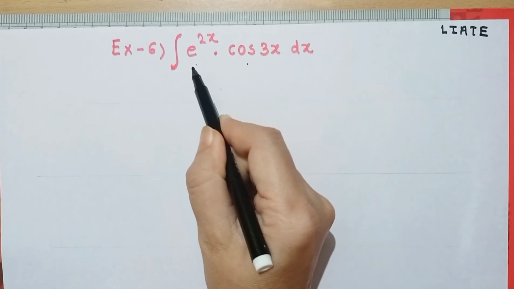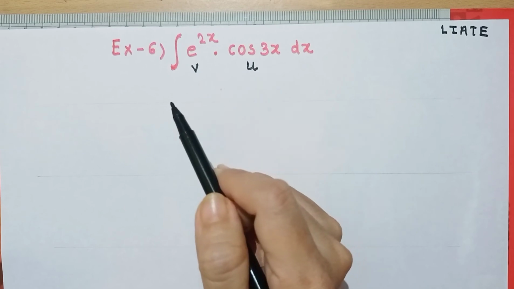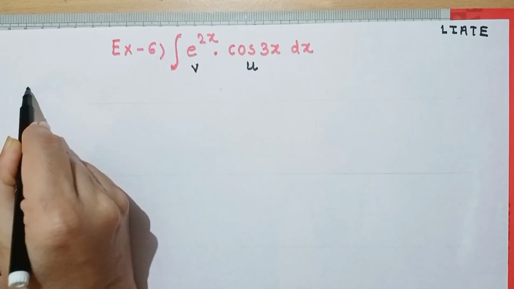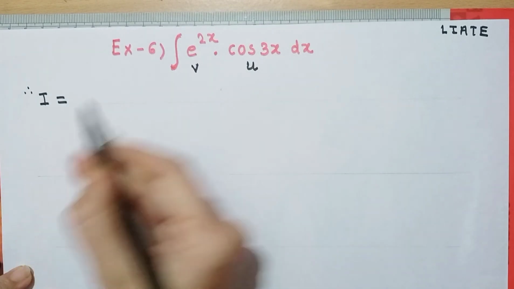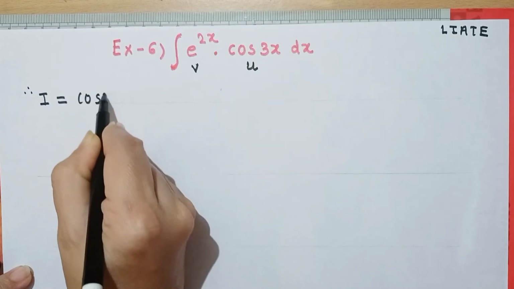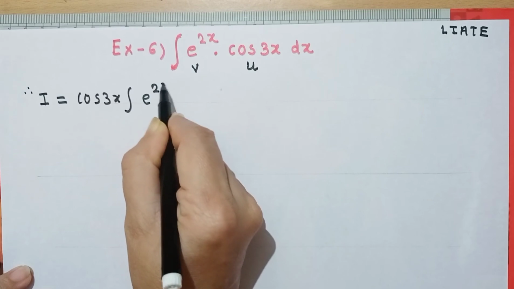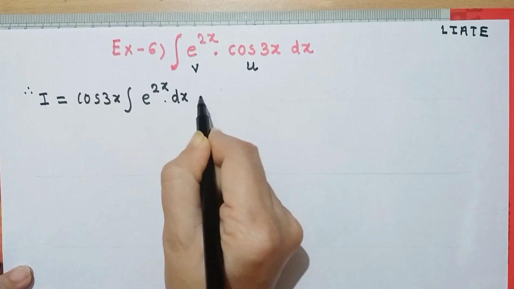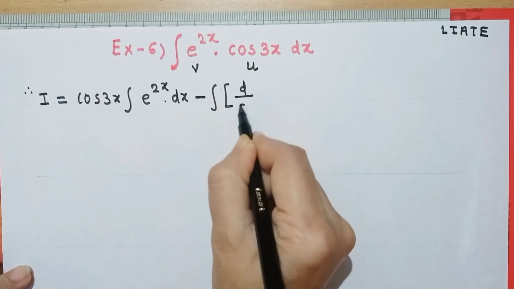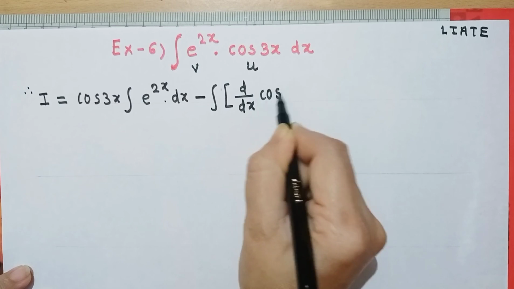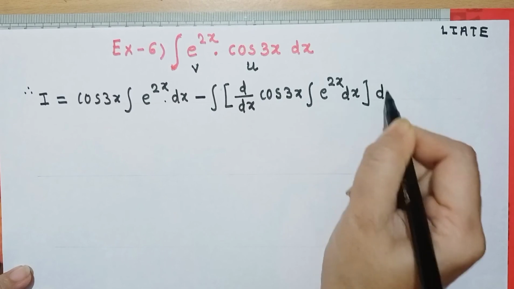So check, this is exponential, so we will consider this as v, and this is trigonometric, this we will consider as u function, and therefore integration by parts rule, I is equal to, that means given integral first function cos of 3x as it is, integration of second, that means e raised to 2x into dx, minus integration derivative of first function d by dx of cos of 3x, again integration of second, that means outside dx.